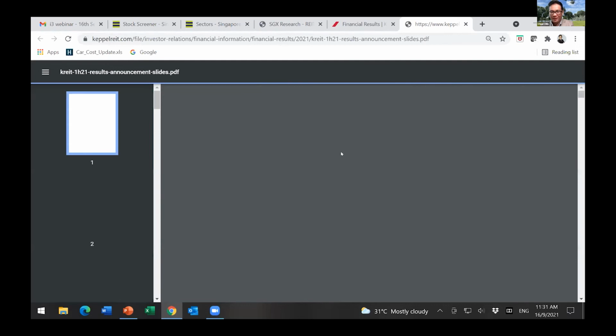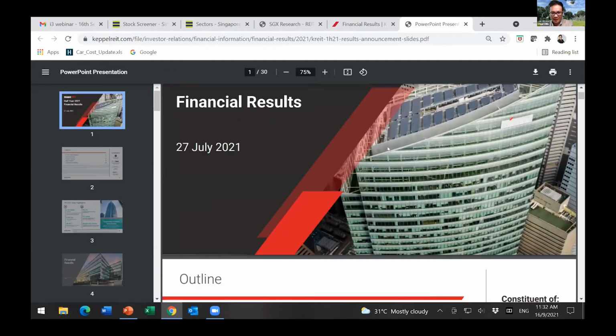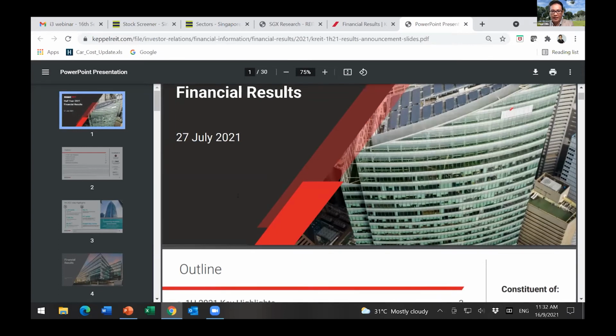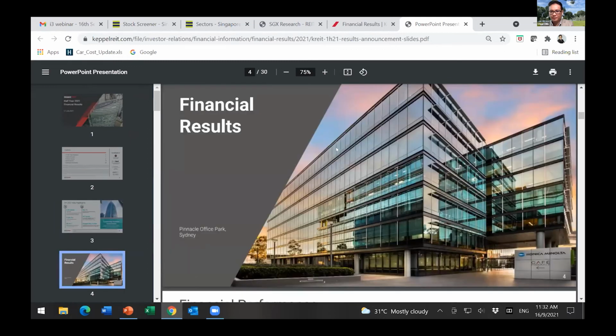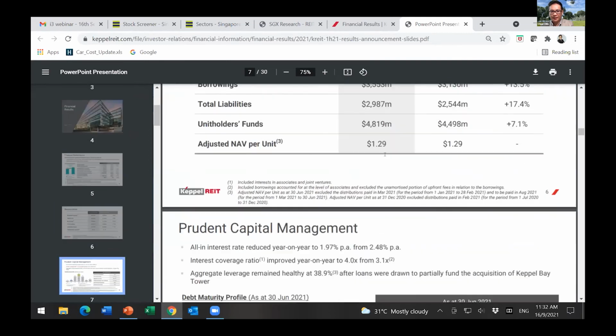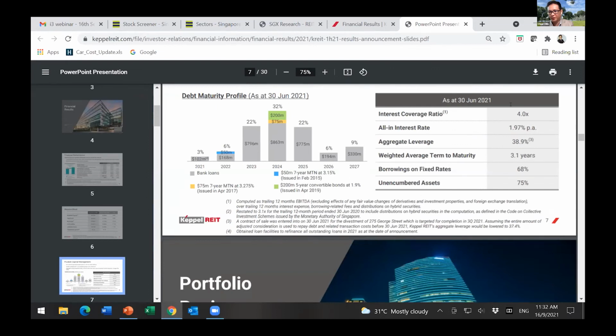They are supposed to report at least half yearly now. Some still stick to quarterly, but usually at least half yearly. So this is where you can get all the information. Occupancy. Some of you like to look at WALE, weighted average lease expiry, and the DPU, as you can see here. Then the capital management and all the ratios, you can get from here.